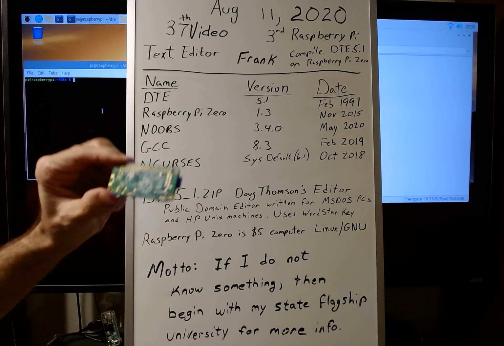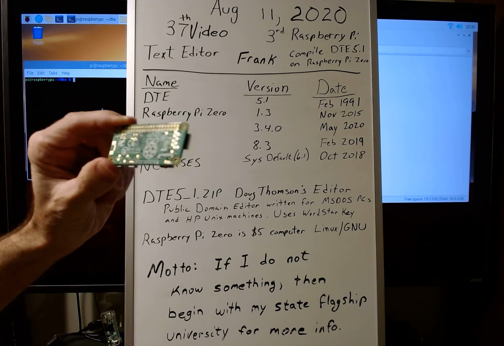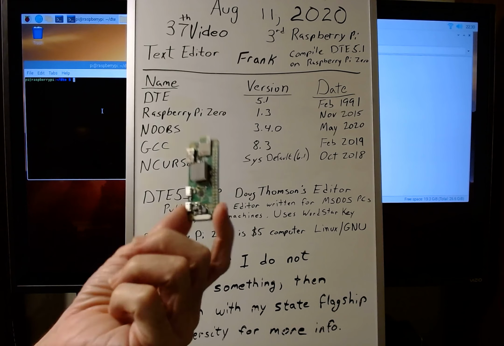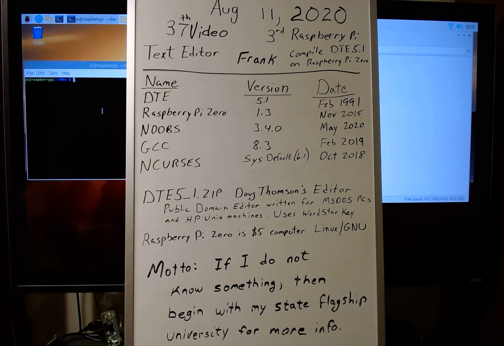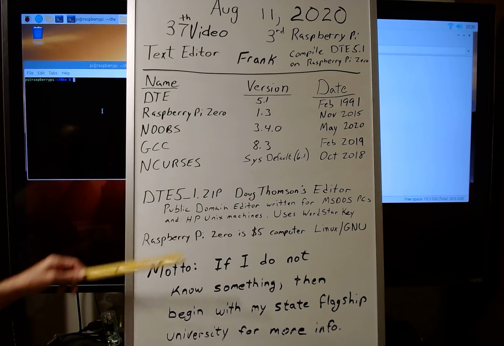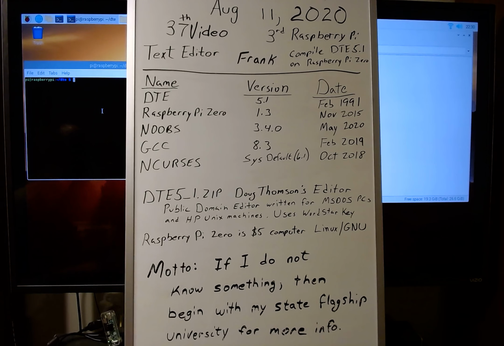It's just a little computer about the size of a credit card, and it has the computing power of probably that HP UNIX system that they were using back in the mid-1980s.